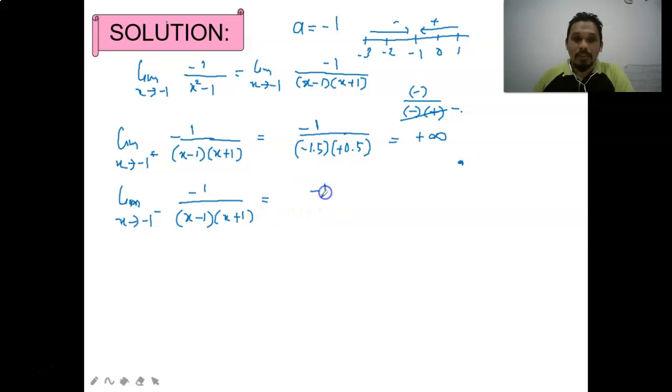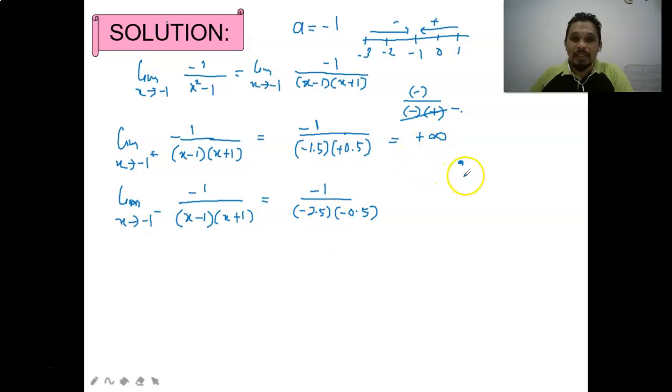Negative 1 divided by negative 1.5 minus 1 will give you negative 2.5. And negative 1.5 plus 1 will give another negative 0.5. It's not that we substitute the values just like this, but we can imagine whether the value is positive or negative, and what the final answer is going to be.